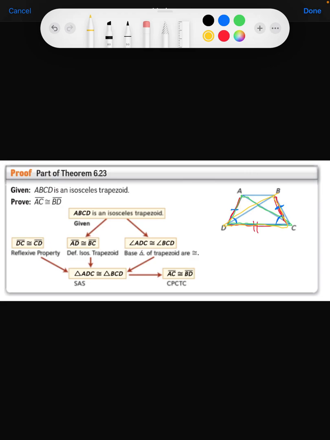So they're going to be congruent by side, angle, side. We have a side, angle, side, and side, angle, side. So then by corresponding parts of congruent triangles are congruent, we can now say that our diagonals, which are the other side, the corresponding sides of the two triangles we just constructed, are equal to each other.